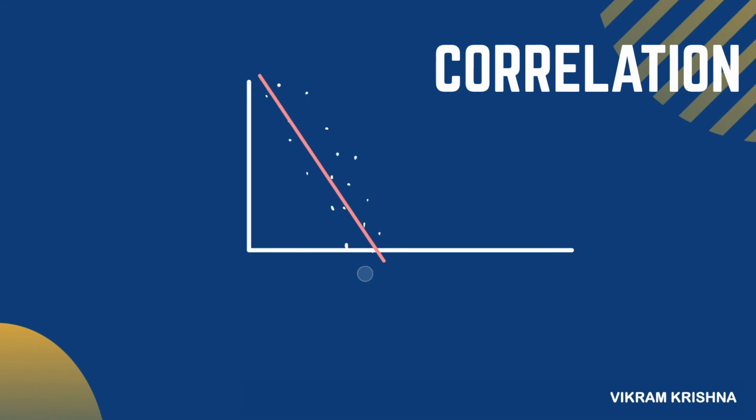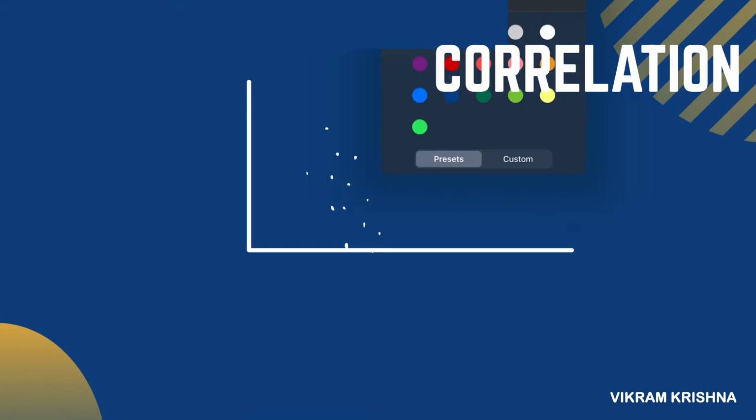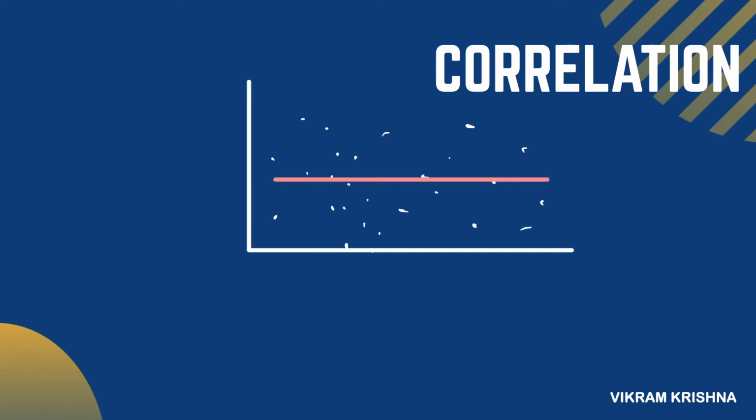But let's say, for example, we had a data set that looks somewhat more like this. There's really no clear correlation. You could draw something like this, I guess, just because that's sort of the only trend there is.